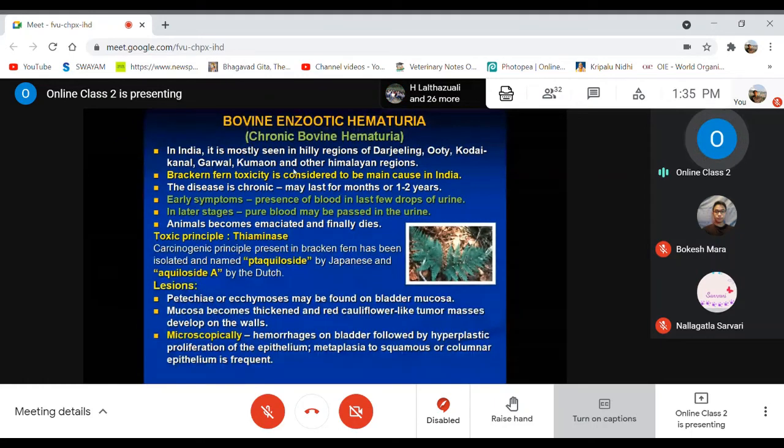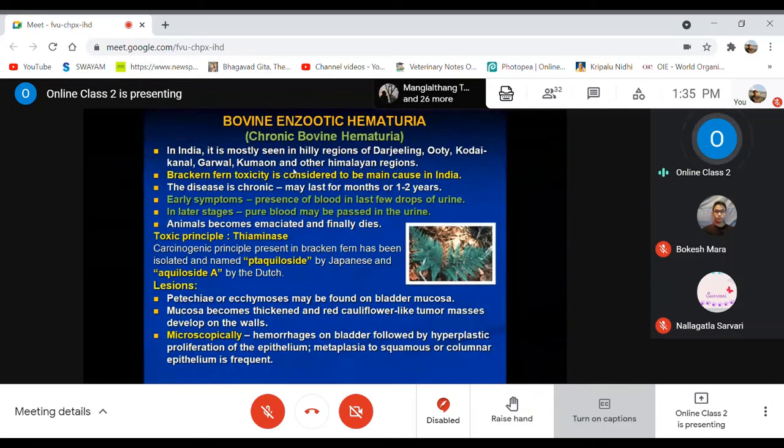So the urinary bladder shows severe hemorrhagic lesions. Because of that, blood oozes out and is excreted along with the urine, leading to severe hematuria, right? And this particular disease is known as bovine enzootic hematuria or chronic bovine hematuria.